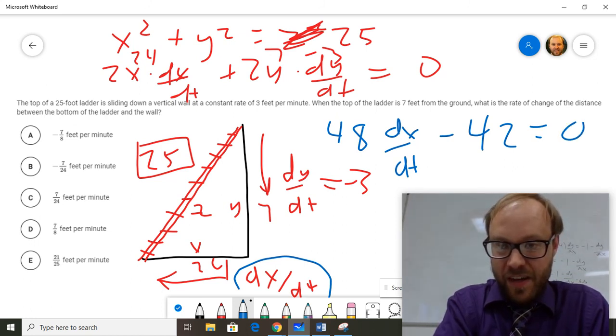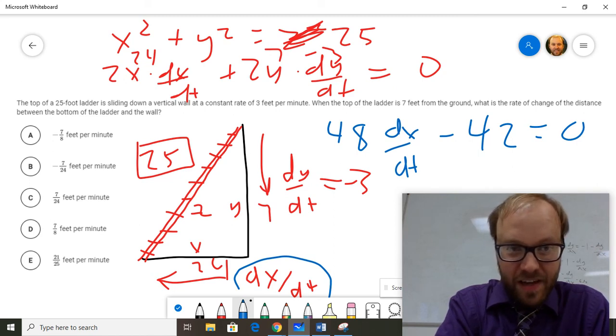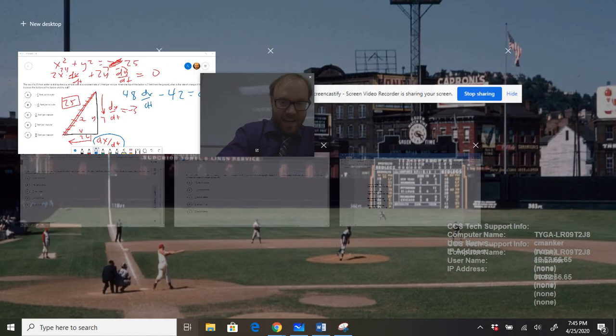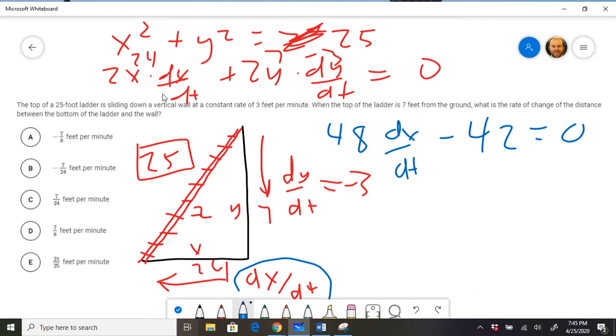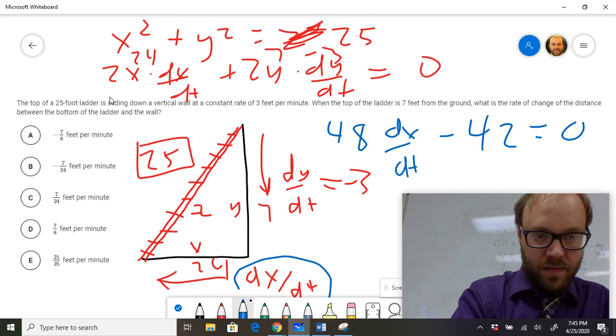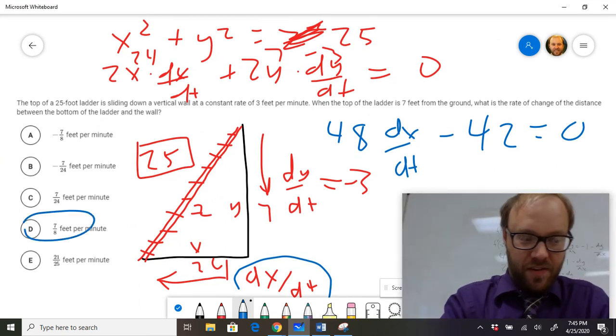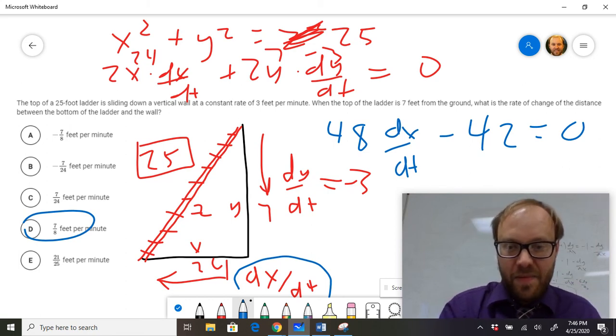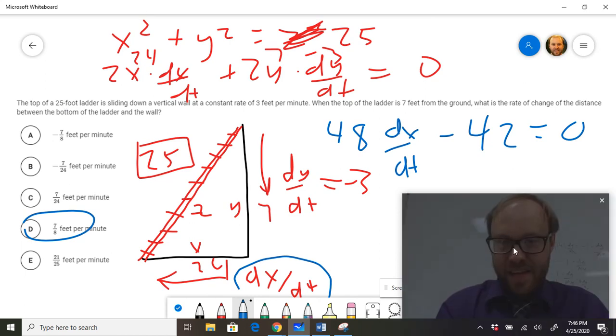And so anyway, if you solve that equation, you get 42 over 48, which is going to be positive 7/8. And that is going to be choice D as our final answer there. So little sloppy on the work end there, but that's the basic idea about how these things end up working.